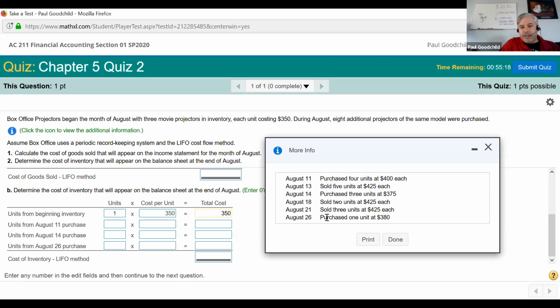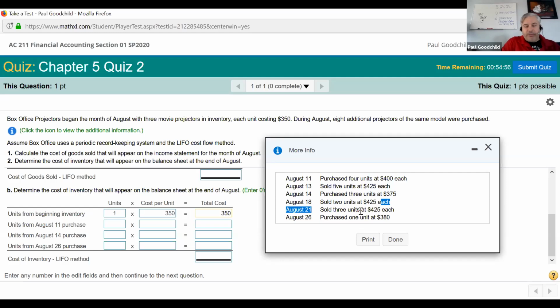So that's 7, and then this one is 8. Mhm. The 10 came from the sales. So we sold 5 units on the 13th. We sold 2 units on the 18th, and then we sold 3 units at 425. So that's the 10.